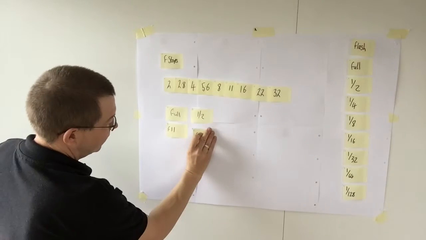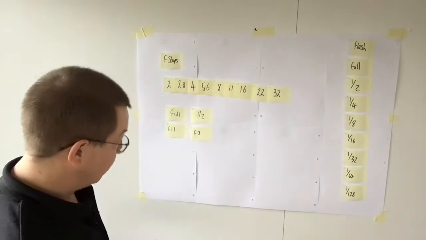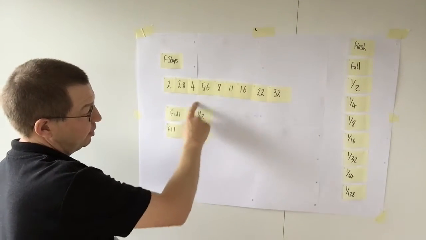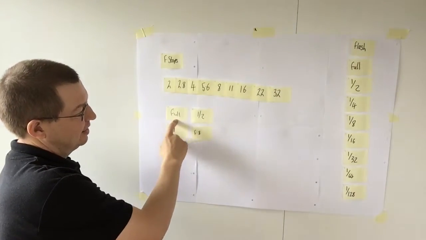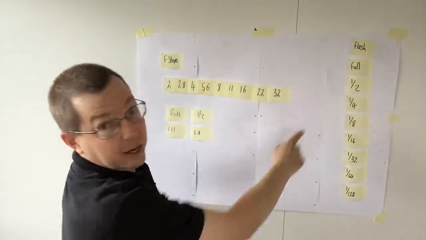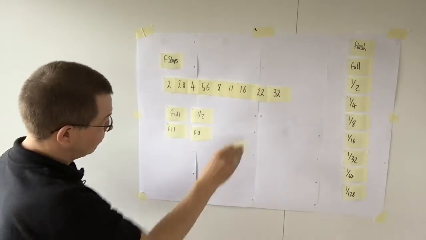We can carry on the same process all the time. This is the same exposure as this, so we're going to do the same thing again. Half is here; we do one more stop, which gives a quarter.